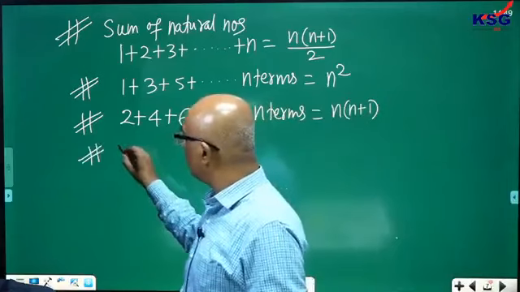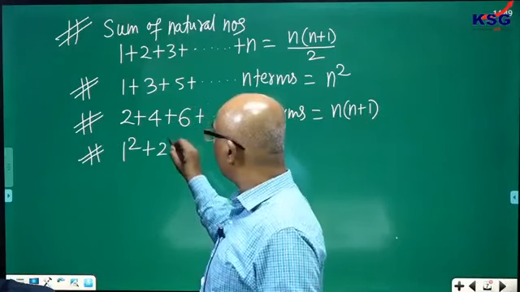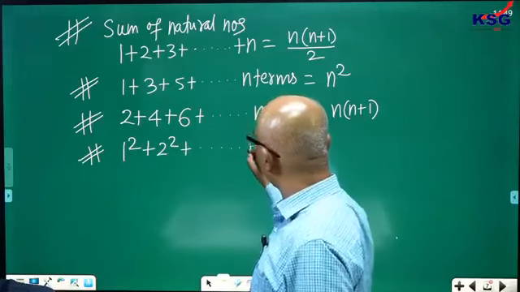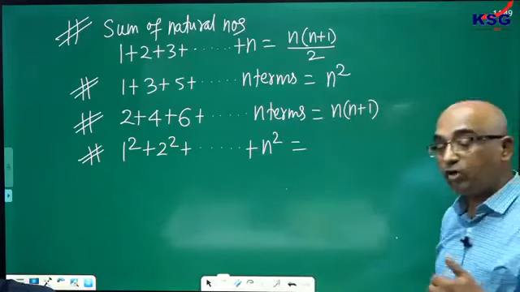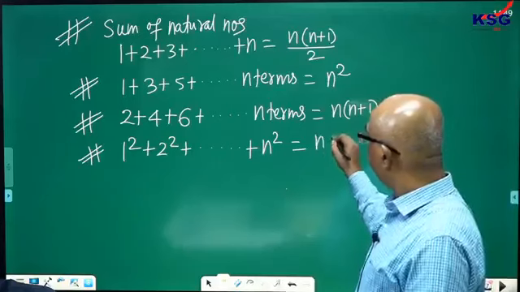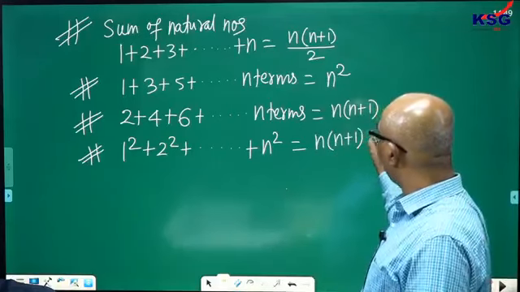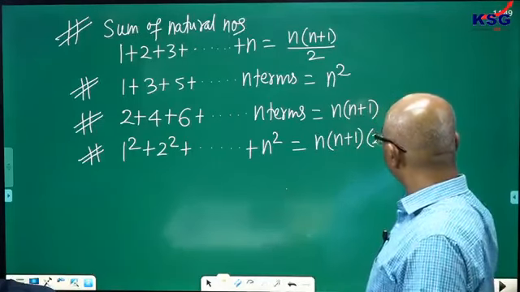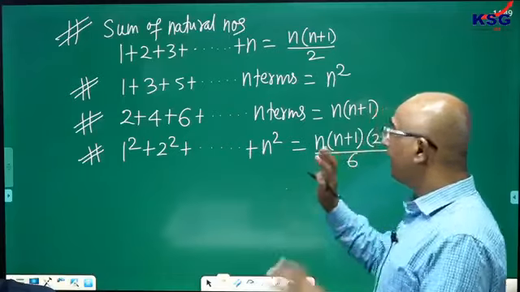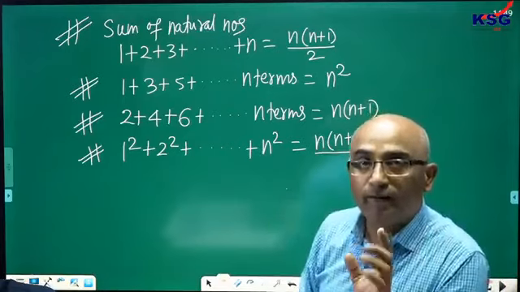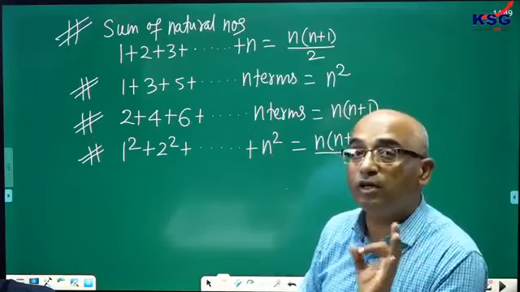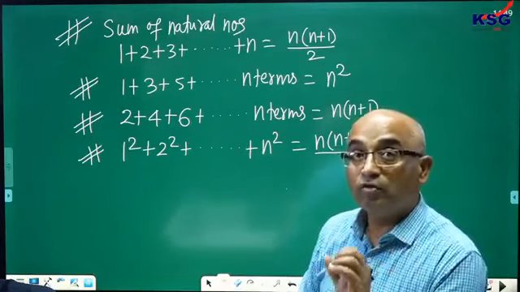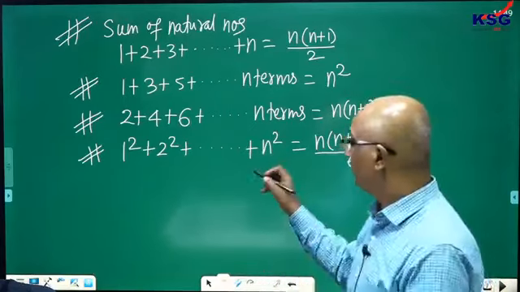The fourth relation is the sum of the squares of n natural numbers. Slowly copy down: n into n plus 1 into 2n plus 1 divided by 6. Student, direct formula type questions do not appear, but sometimes this relation is required while solving logical questions, good questions, paper questions also.